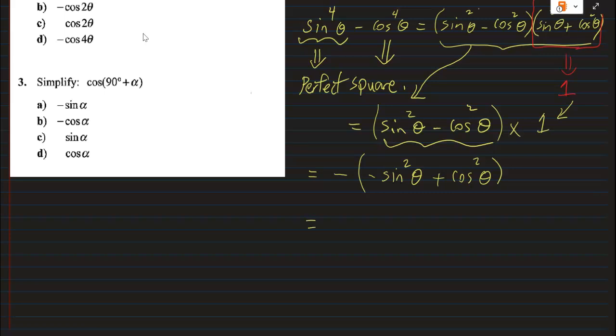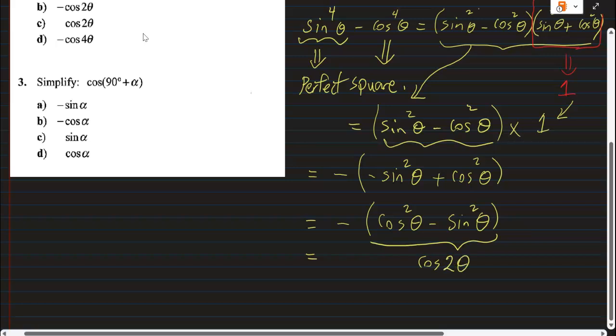Now when we rewrite that, we get negative, open bracket, cos squared theta minus sine squared theta. And this we already know is the cos of double angle, cos of 2 theta.